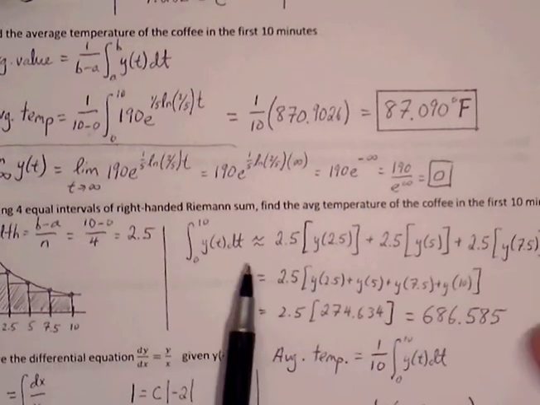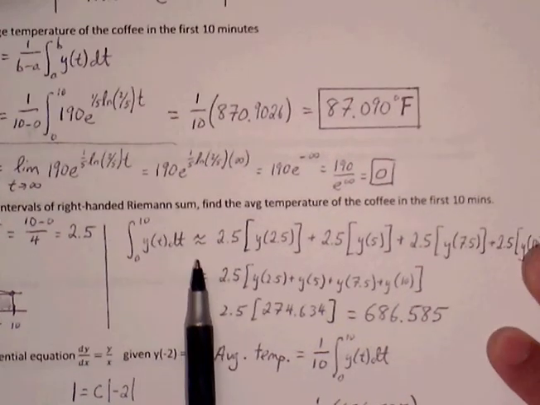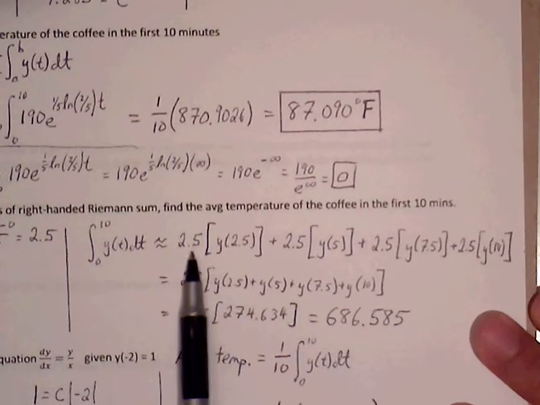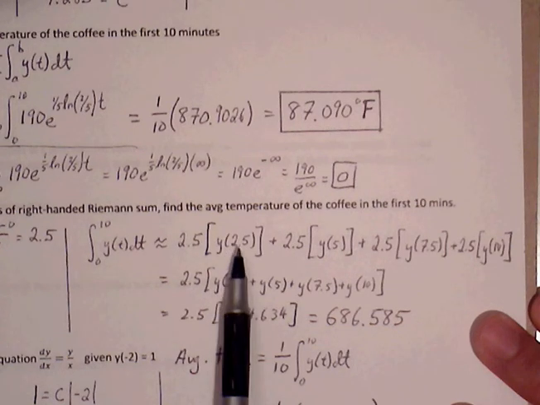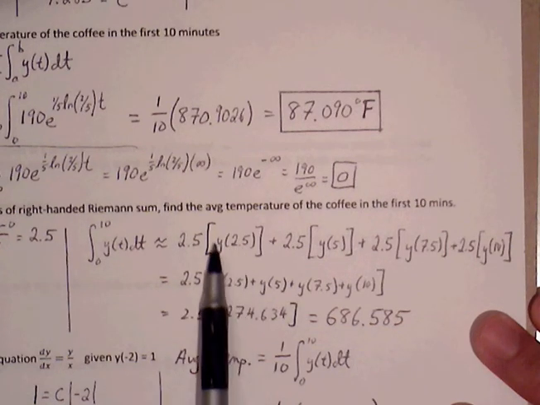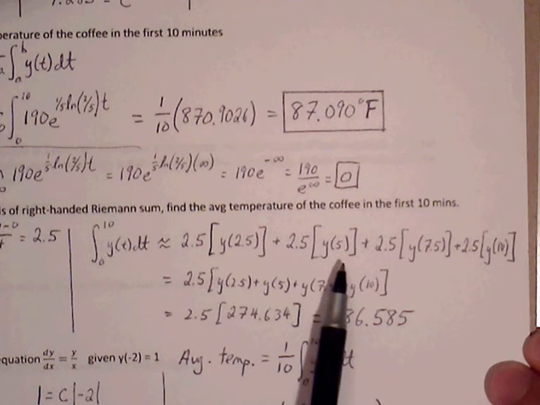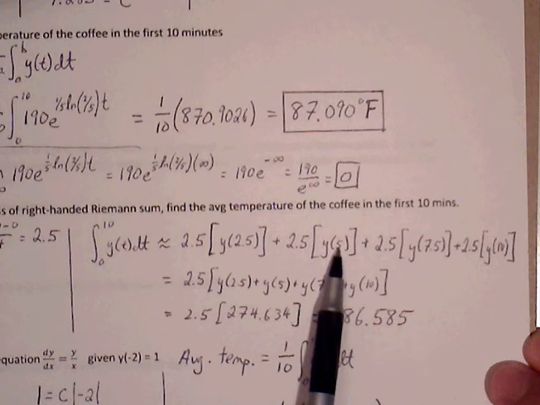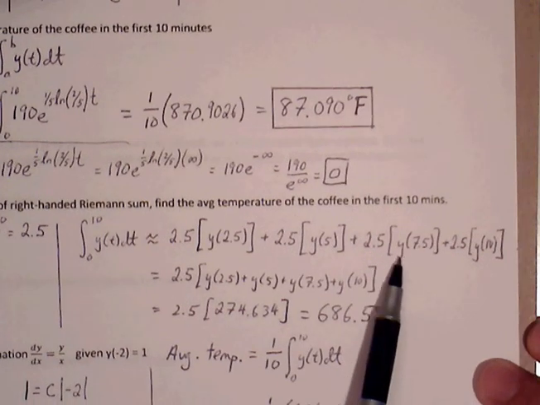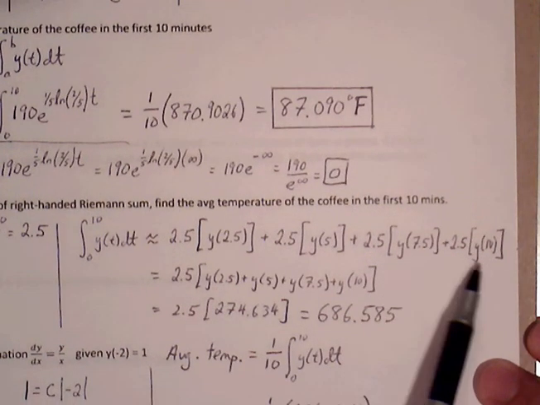So we're just adding these 4 rectangles. The first rectangle has a width of 2.5. The height will be whatever plugging 2.5 into the function gives us. And y of 5 will be the y value of our function. And then here, the y value at 7.5 and the y value at 10.